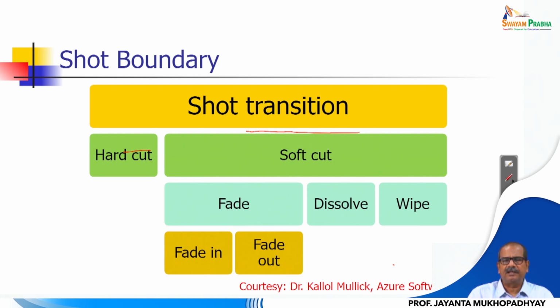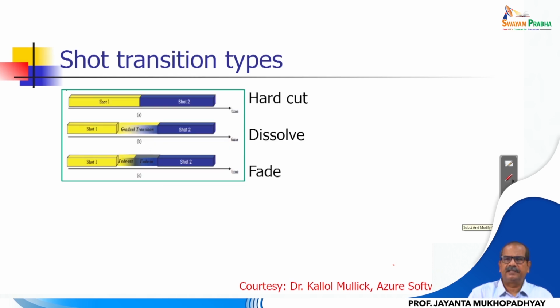These are the soft cut transitions, and in the technical terms of video editing there are different kinds, like fading, dissolving, and wiping. Each of these could also be considered a task to identify. Given a video, you would like to detect the shot boundaries in terms of these transitions, and also the types of transitions.